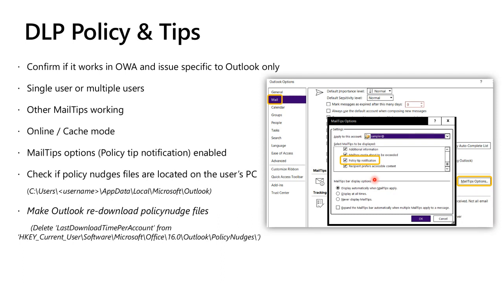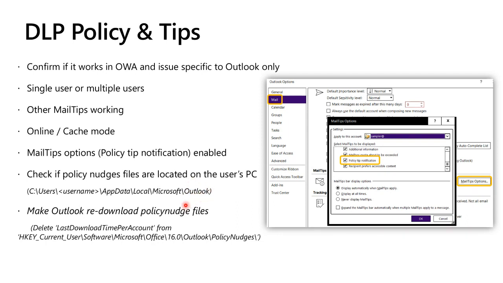And then the other thing would be to check if the policy nudge files are located on the user's PC. These files would be on the C drive, in the user's local app data, and then the Outlook folder.